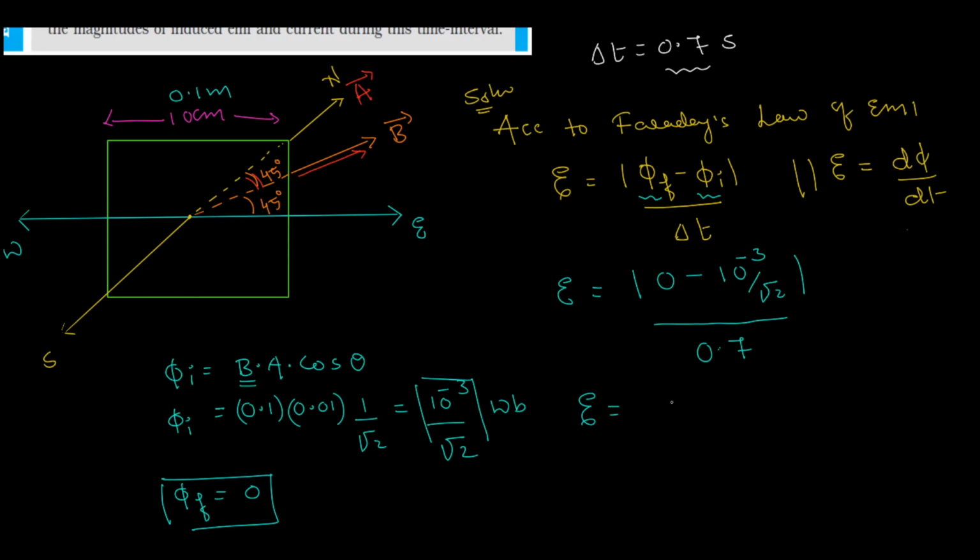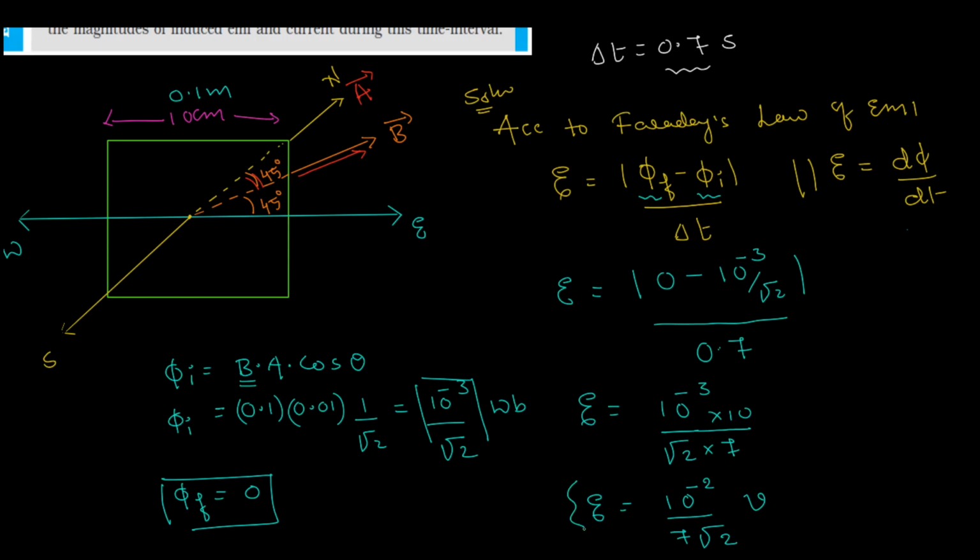Alright, so 10 to the minus 3 divided by root 2 into 0.7, which is 7 by 10. So 7 into 10, you can just simplify this and get the answer for the EMF. So the EMF is, I'll leave it at this stage, 10 to the minus 2 divided by 7 root 2 volts.